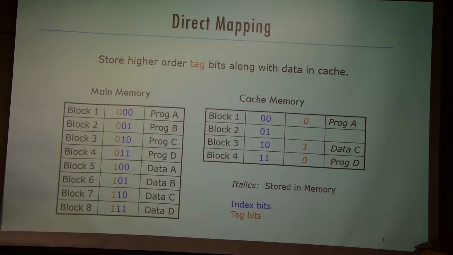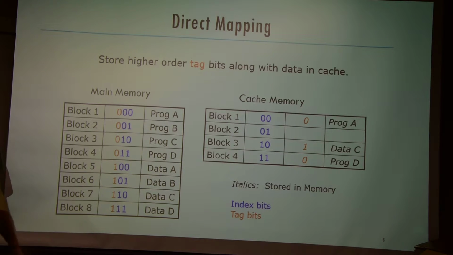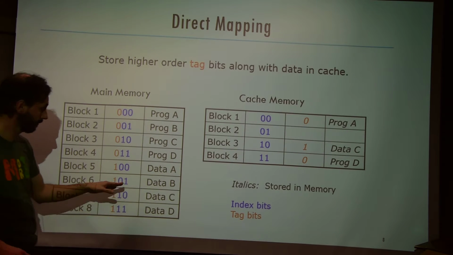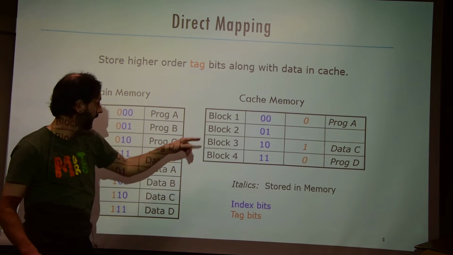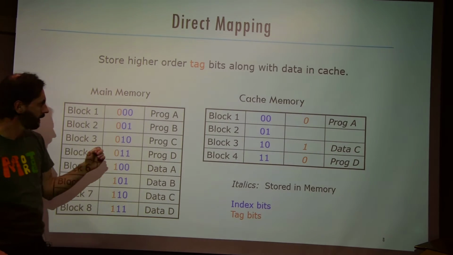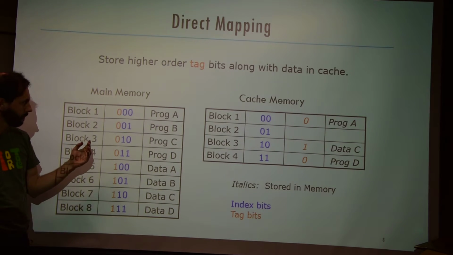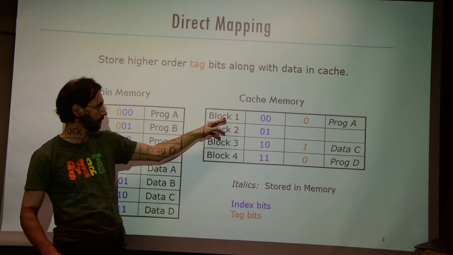If we need data A, then we'll have to evict program A, right? If we need to put data A in cache, then we'll have to remove program A. Exactly, that's what I hoped to explain. Program A can only be stored in block 1, and data A can only be stored in block 1.